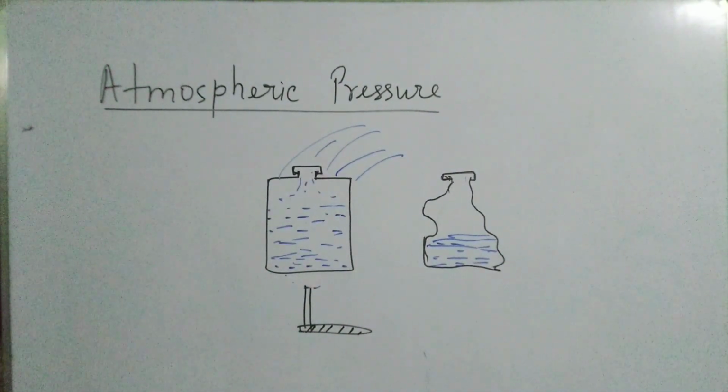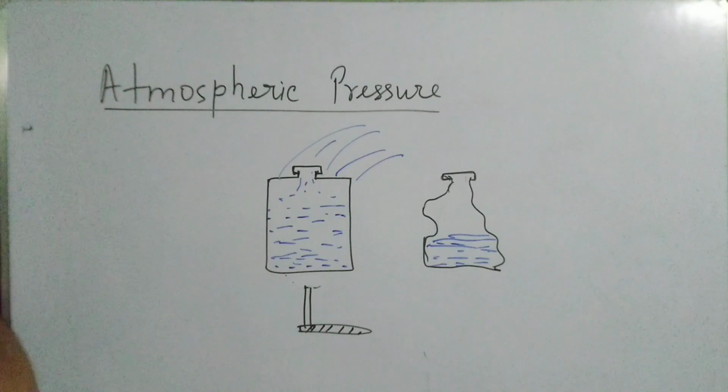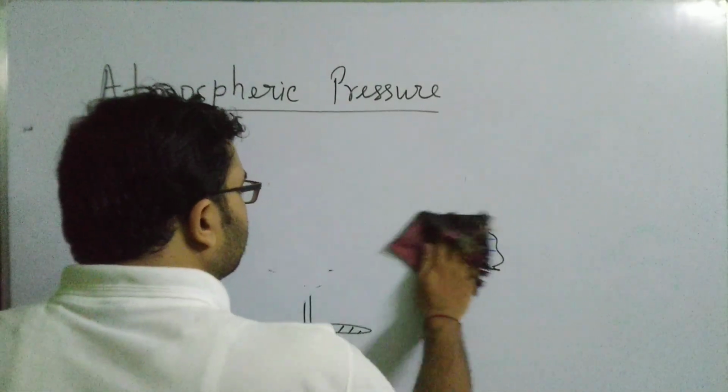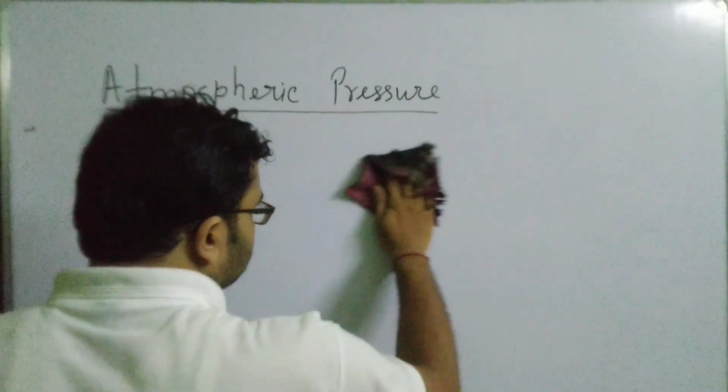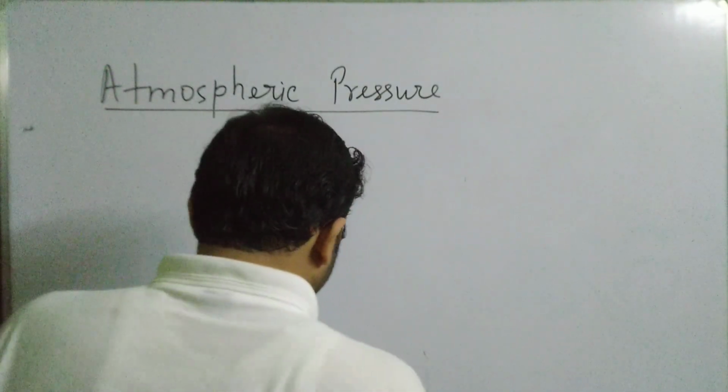Now there are certainly many applications of atmospheric pressure, and we can utilize its existence to our advantage. How? Say when you drink a soft drink or lassi using a straw.